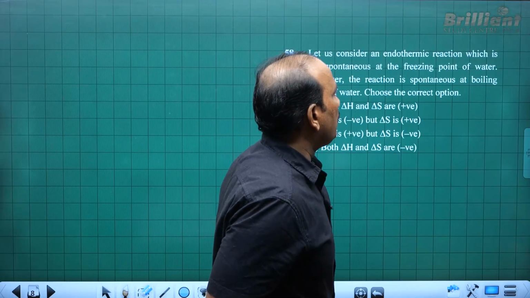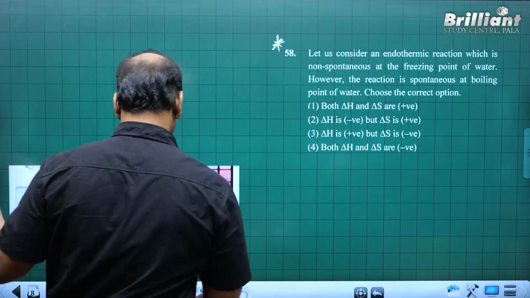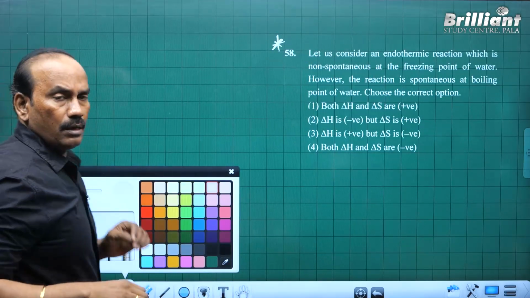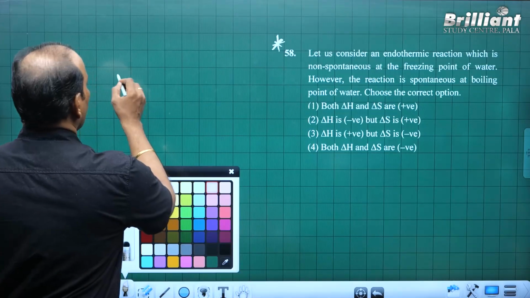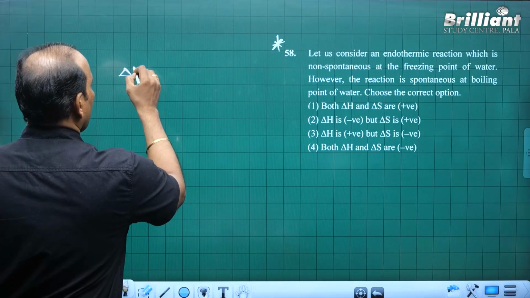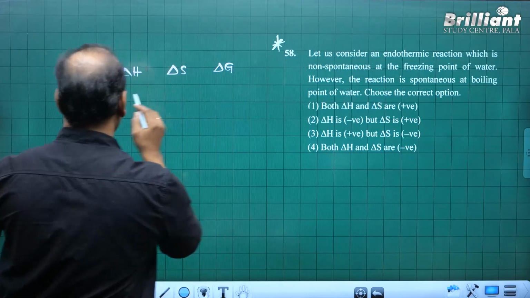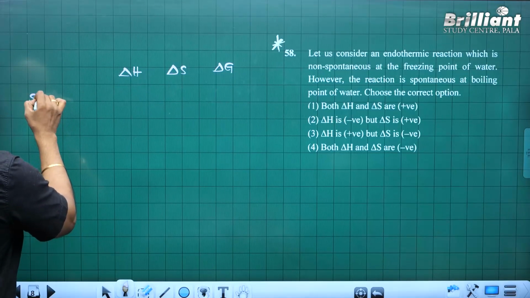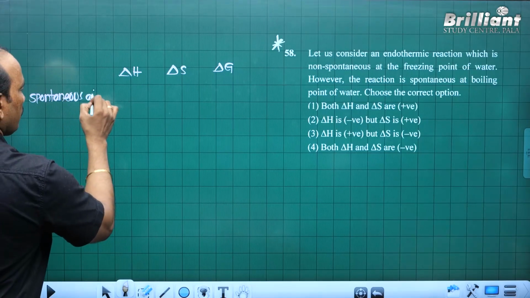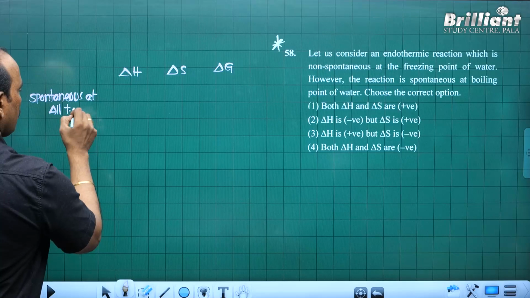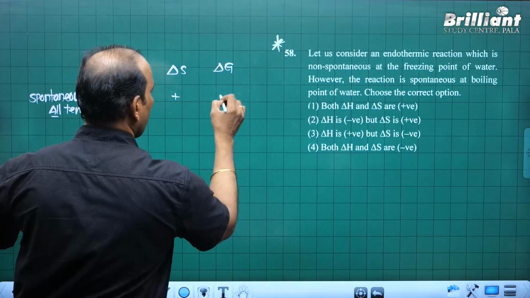Now let's consider the endothermic reaction. First we are discussing the conclusion of thermodynamics. What is the conclusion of thermodynamics? Delta H, delta S and delta G. So spontaneous at all temperatures, this is minus, here plus minus.